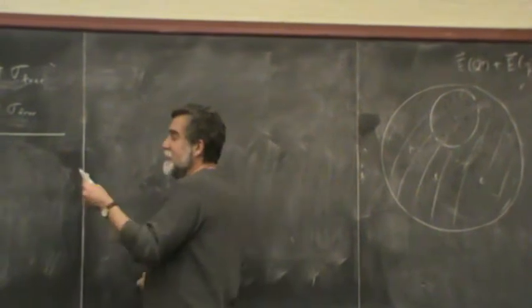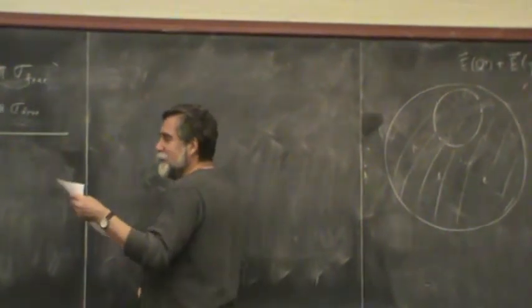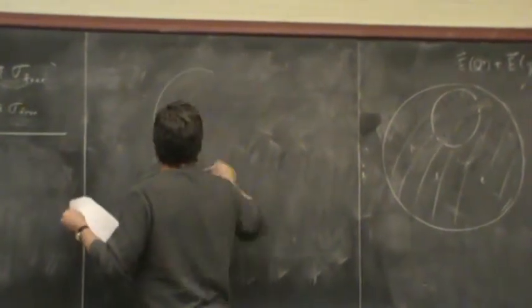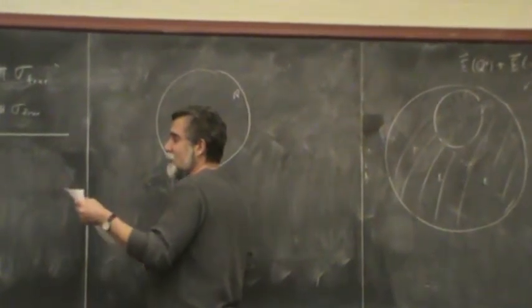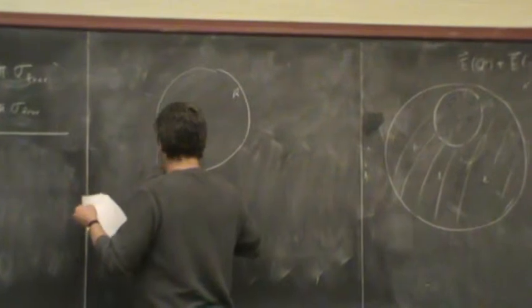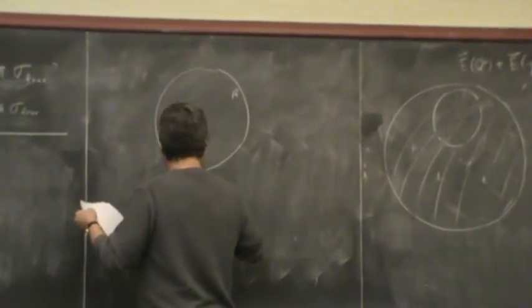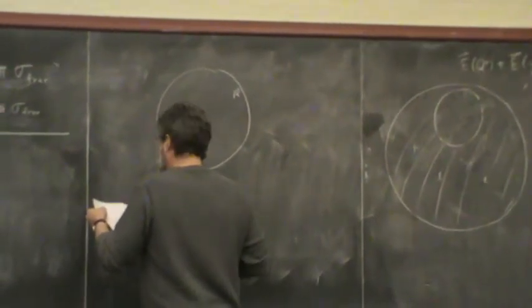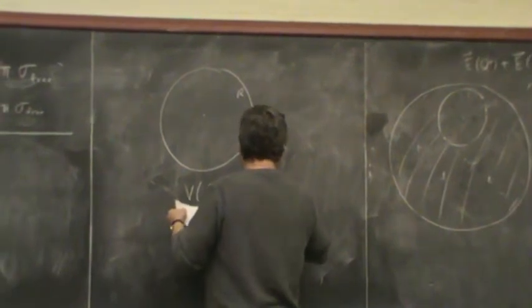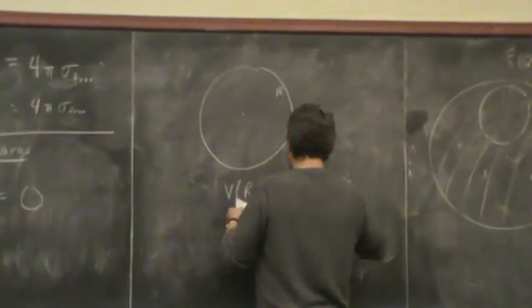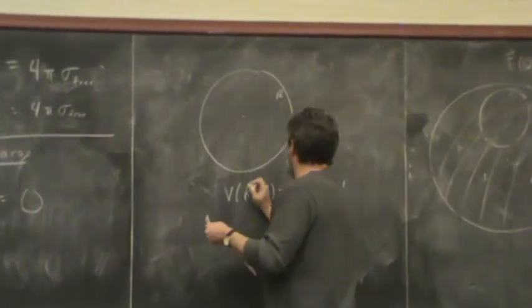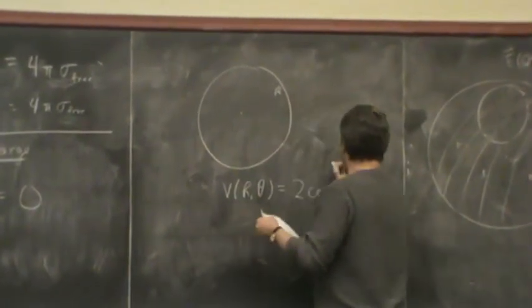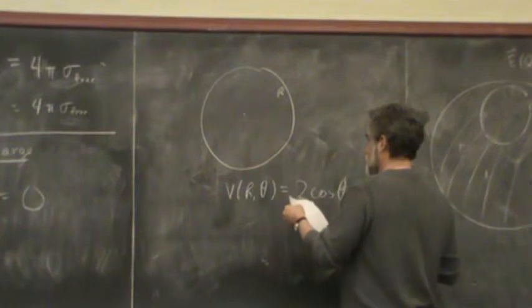Consider a very long cylindrical tube of radius r. Infinite. The potential on the surface is given by 2 cos phi. I guess I should write that as theta, huh? Which dimensional is this now?